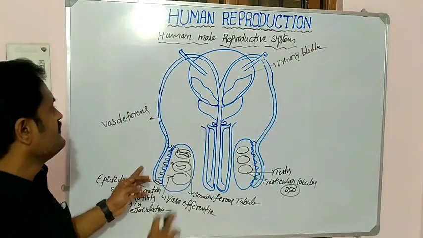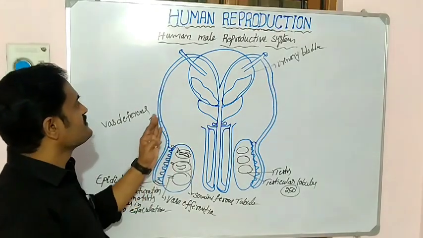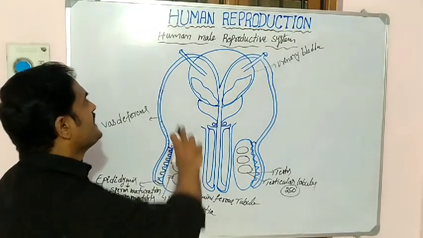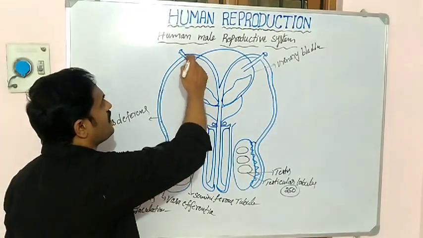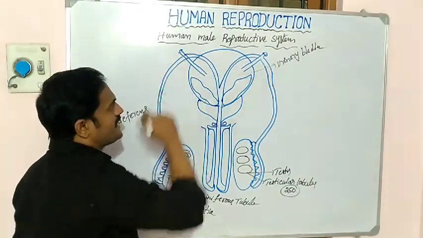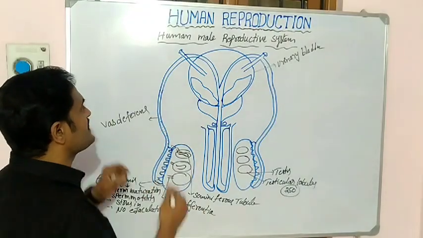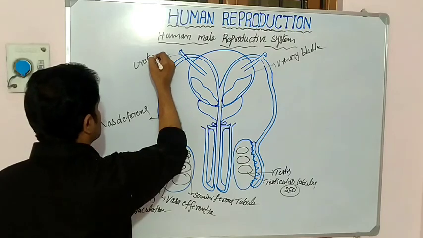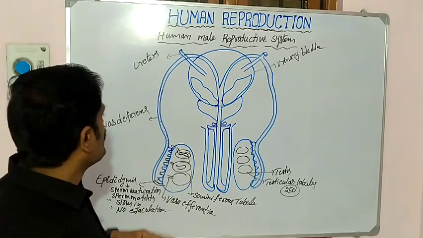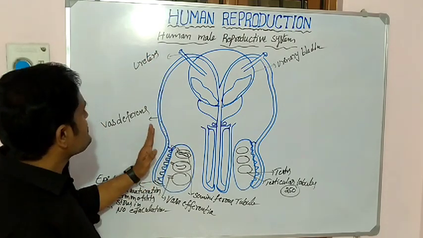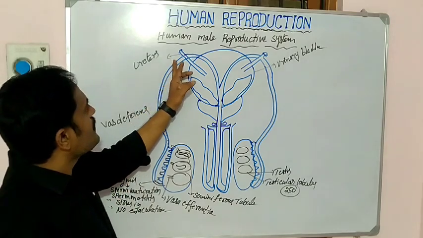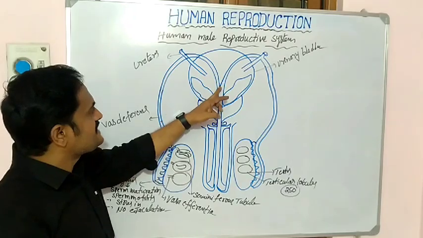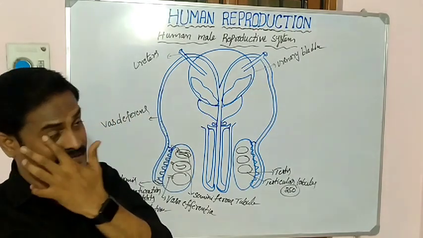The vas deferens enters near the urinary bladder, which has two tube-like arrangements called ureters. So the vas deferens continues and passes over the ureters, which are inserted into the urinary bladder.